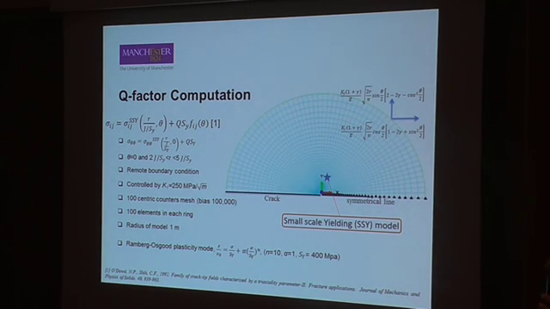We should run the models with the actual material definitions. In my case, I have used the Ramberg-Osgood plasticity model with material hardening equal to 10 and the material coefficient equal to 1. Sy is representative of the yield stress of the material, which in my case is equal to 400 megapascals.